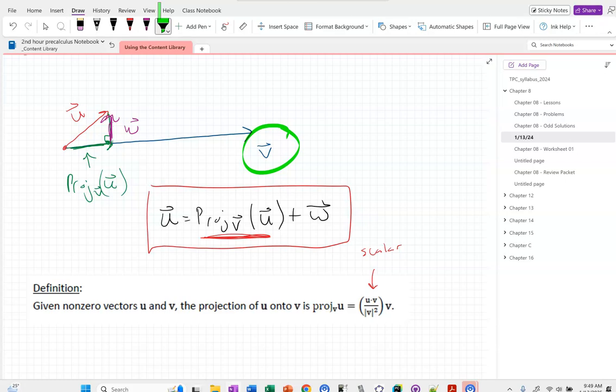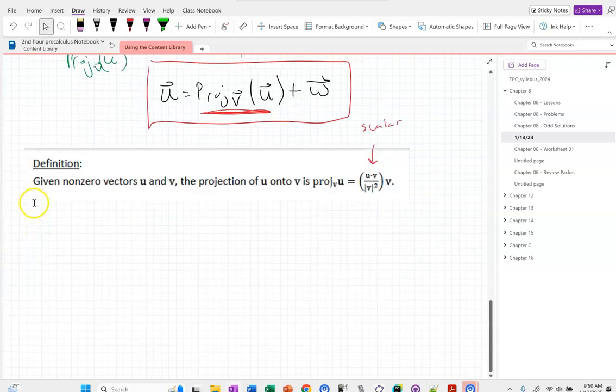In the cases where a length for v isn't given to us, you know what we're going to do? Just assume that vector v has length 1, has magnitude 1, mostly because it'll make the calculation much, much simpler.